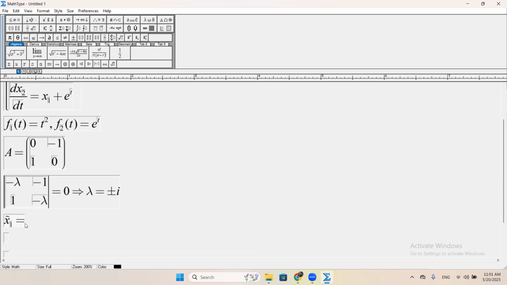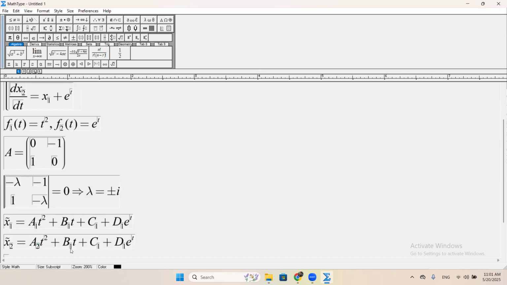So x1 partial equals a1 t square plus b1 t plus c1 plus d1 e to the power of t, and analogically for x2, with the following coefficients.